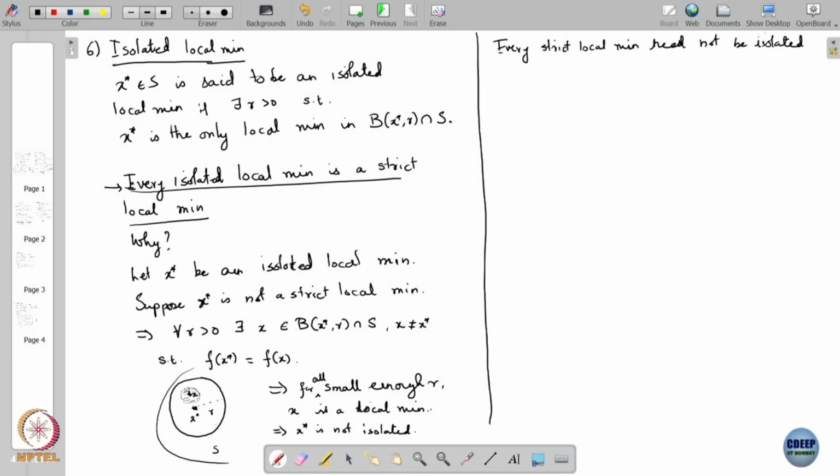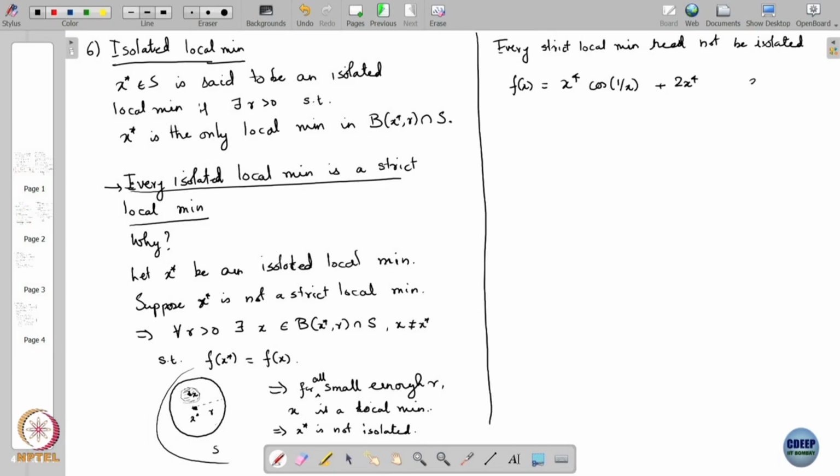So, here is an example of a function that demonstrates this. I encourage you to go and plot this when you go back home. You can plot this in MATLAB or something. So, consider this function f of x which equals x to the 4 cosine of 1 by x plus 2 x to the 4.